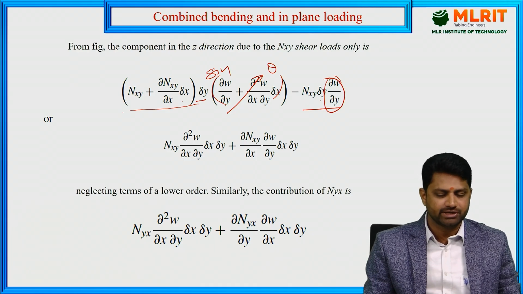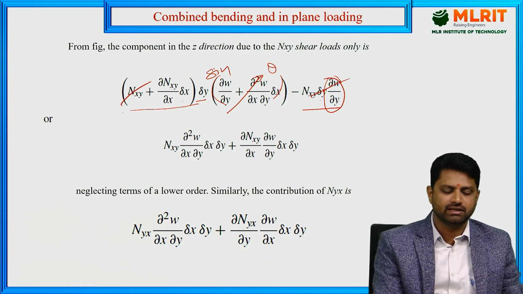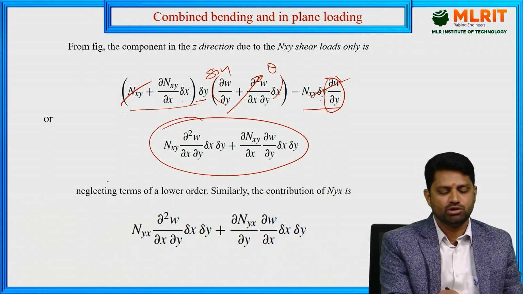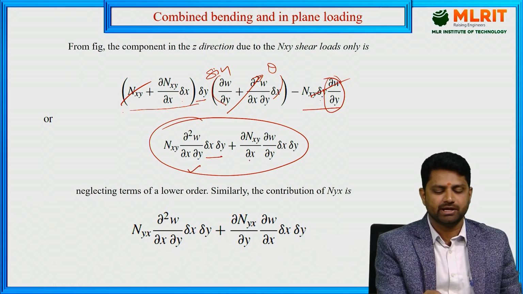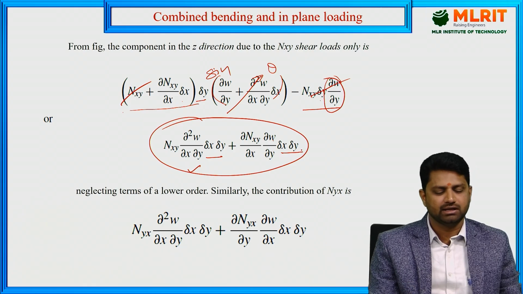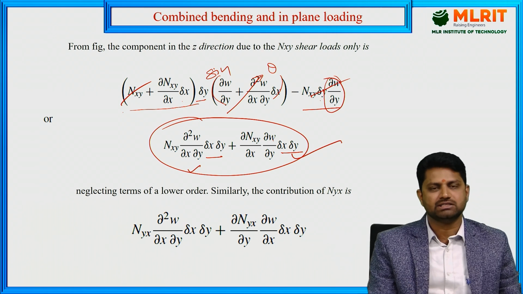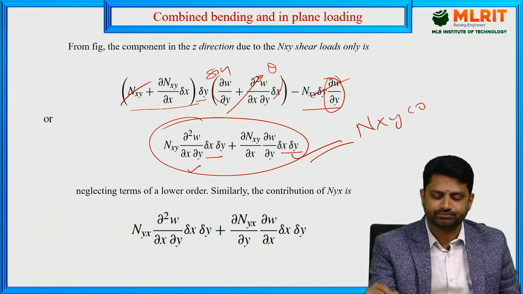Further it is reduced, and the Nxy term gets cancelled, and our equation reduces to Nxy ∂²w/∂x∂y into delta x delta y plus ∂Nxy/∂x into ∂w/∂y into delta x delta y. You can neglect the higher order terms and write this equation. So this is the Nxy contribution.